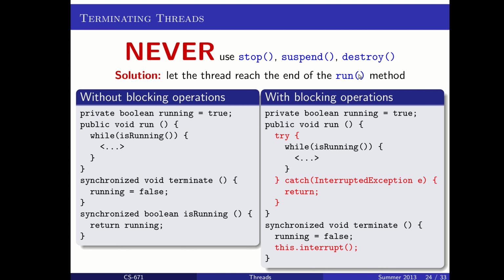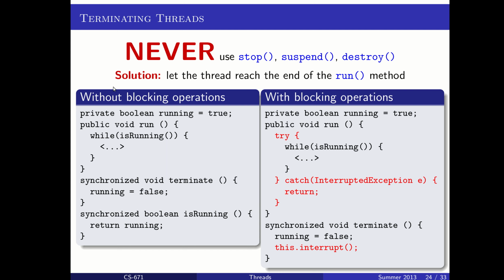This will allow you to do things like close out file handles that you might have open, let go of resources and locks, and really make sure that the thread ends its running cleanly.